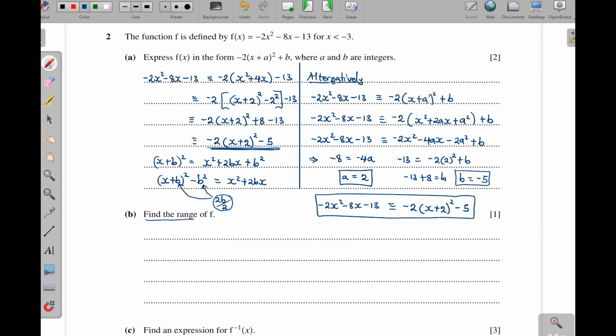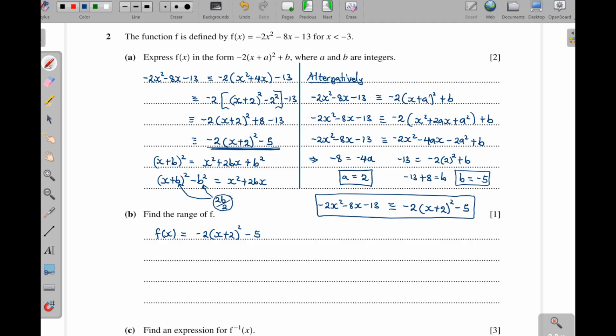Part B, find the range of f. Now, our f of x here is equal to -2(x + 2) squared, and then minus 5.